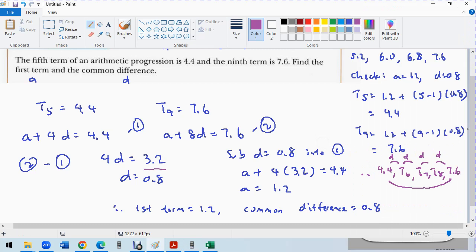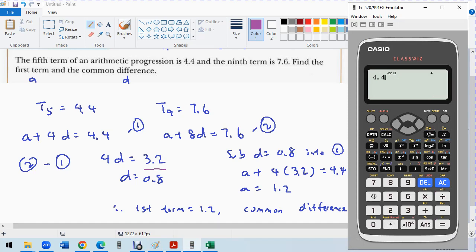So 4D equals 3.2, then D is 0.8. Then we minus 0.8 each time. The fifth term is 4.4, minus 0.8 is the third term, and then minus again, second term, first term. The first term is 1.2.